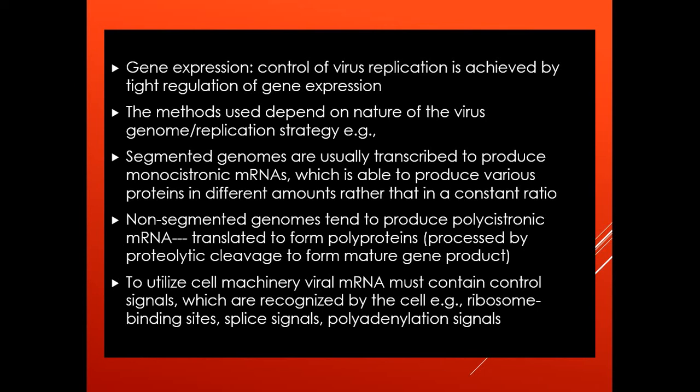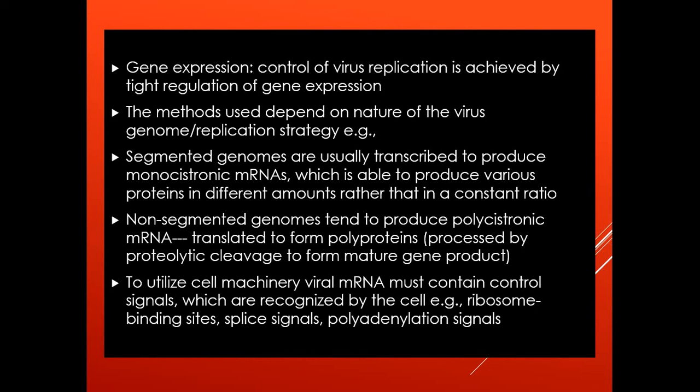Gene expression. Control of virus replication is achieved by tight regulation of gene expression, meaning gene expression is strictly regulated by different enzymes. The method used depends on the nature of the virus, its genome or replication strategy.